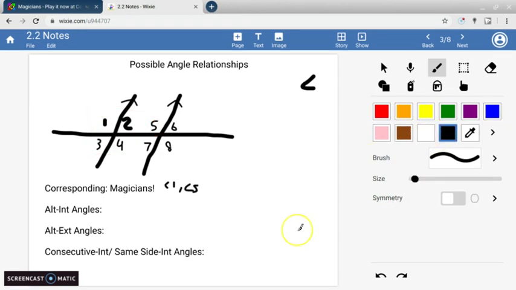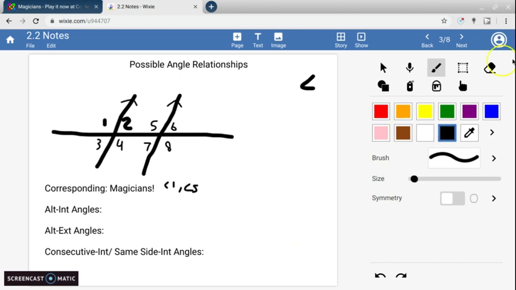Okay, now alt-int angles, which means alternate interior angles. There are different areas on angles like this.